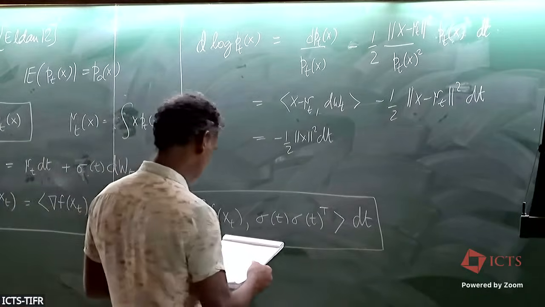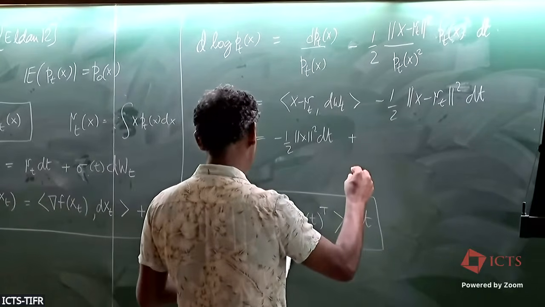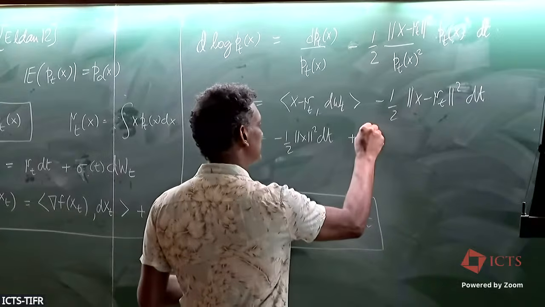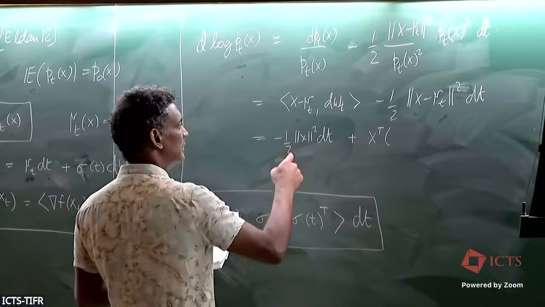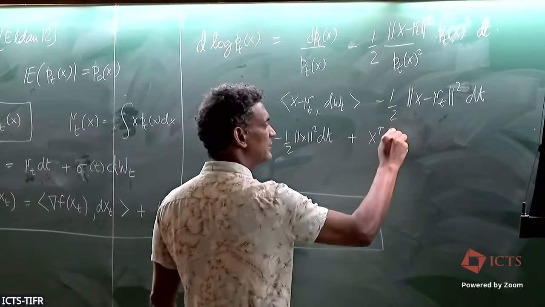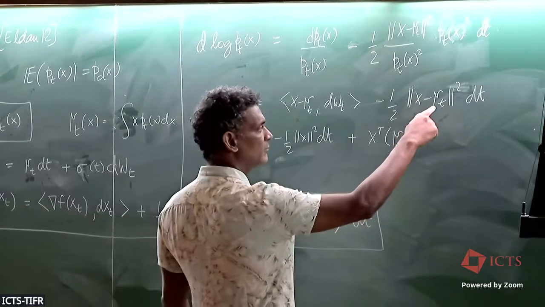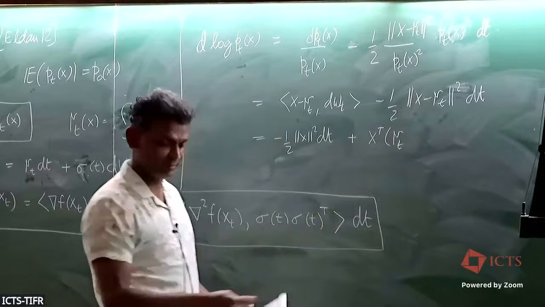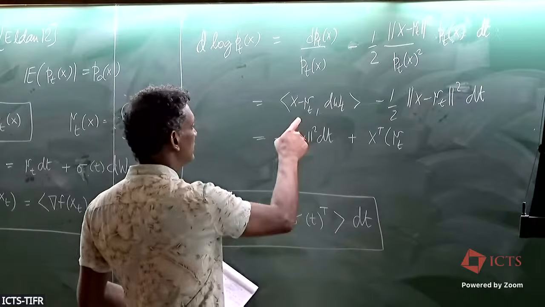Now I'm keeping all the x terms. From here we get a plus mu_t dt, because we get 2 times half there, and the minuses cancel. And then we have this dW_t here.